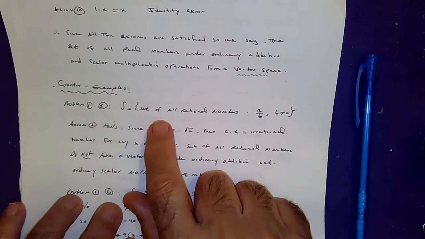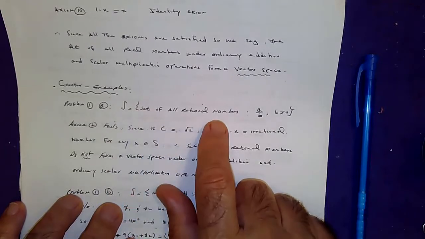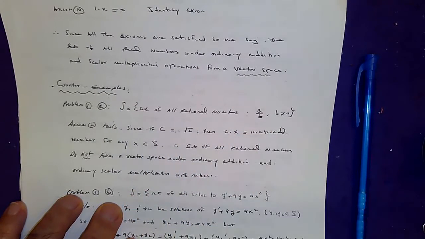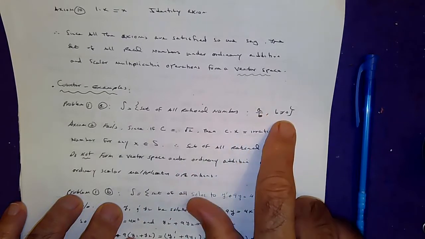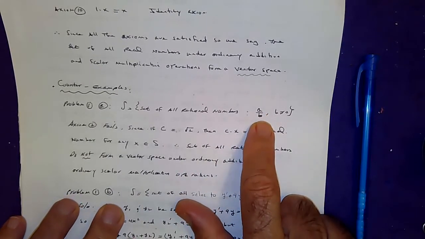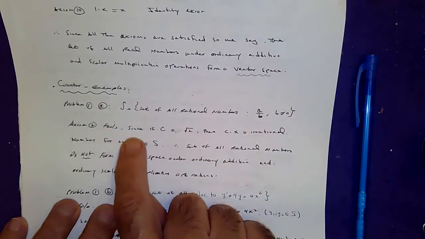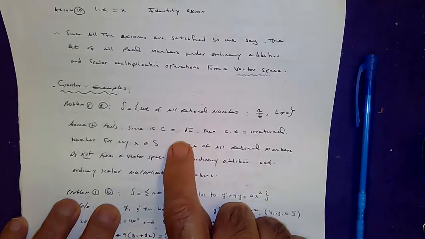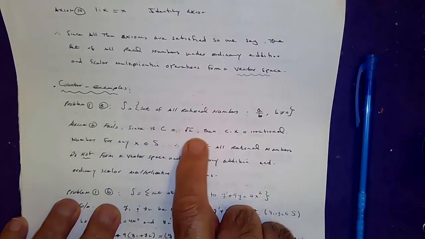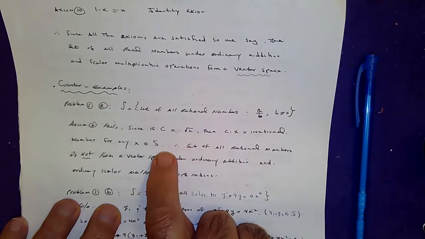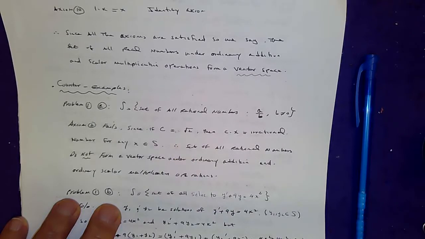Suppose S represents the set of all rational numbers. You know what a rational number is: the ratio of two integers a over b, where b is not equal to 0. Otherwise, this would be undefined. However, axiom number 2 fails, because if your scalar is the square root of 2, which is an irrational number, and you multiply that by a rational number, the result is no longer a rational number, it's an irrational number.